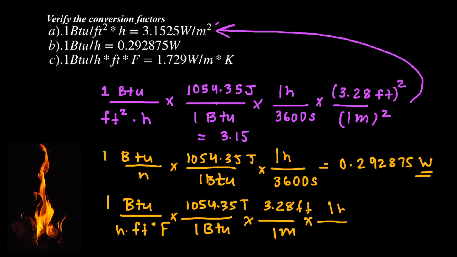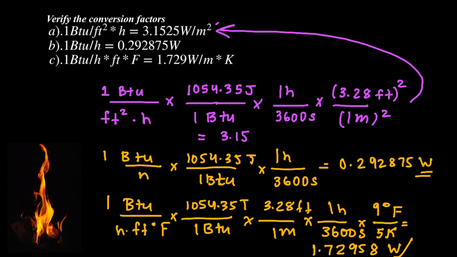Multiply that by 1 hour has 3600 seconds and multiply by 9 degrees Fahrenheit to 5 K, and you get 1.72958 watts per meter K. An easy way to convert the units of K, the thermal conductivity.